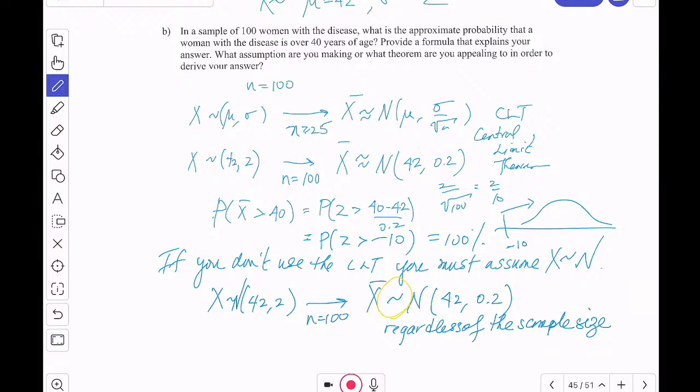So Nicole's saying, why is it 100? Because I'm going this way. It would be 0 if I went the other way, but I'm looking greater.